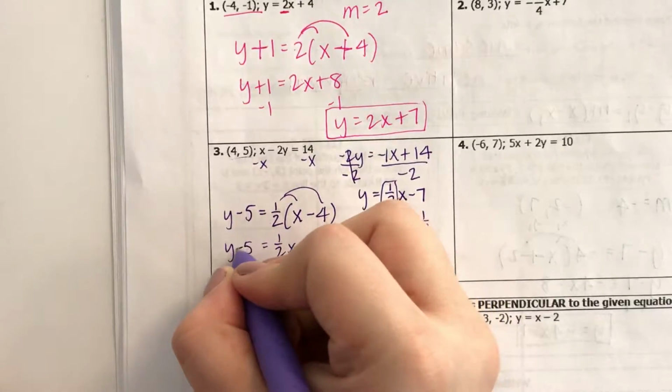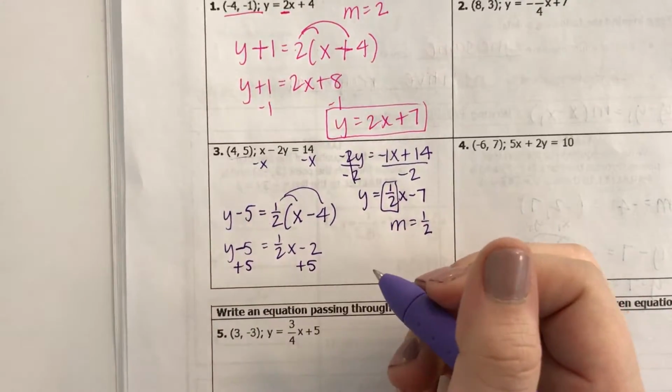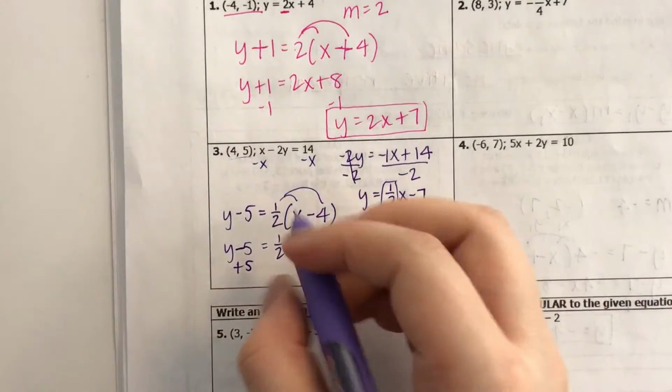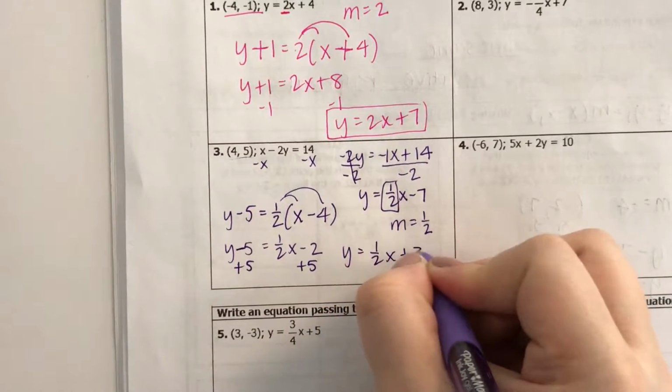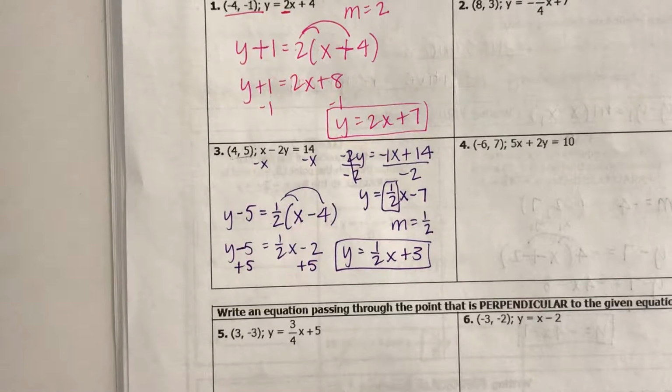I need to get y by itself, so I need to add 5. So y equals 1/2 x plus 3. And that's it. I realized in another packet I did it wrong, so I was just looking to make sure I did it right this time.